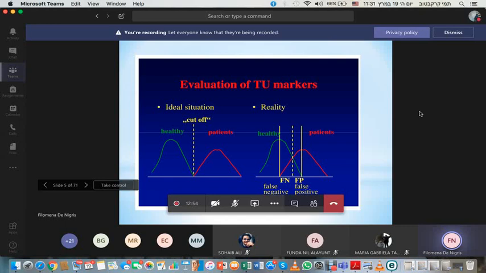But generally, we are in this gray zone, in which healthy patients also have this marker, and also patients with tumor don't have these markers or molecules. In this gray zone, we need to work better, and we need more than one marker to monitor and to detect the presence of a tumor.